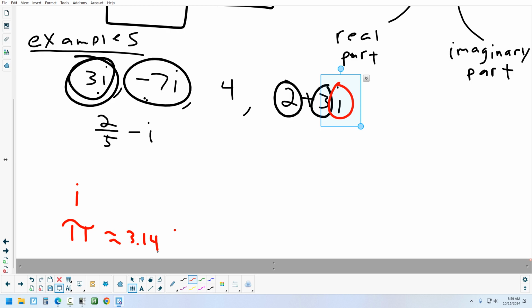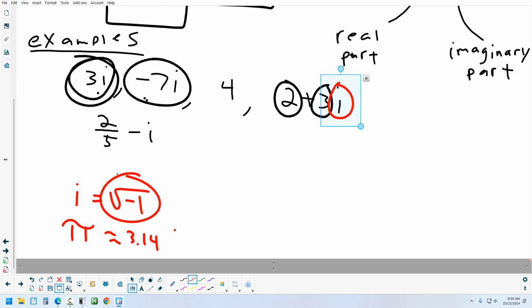Well, it's the same thing with i. In the English alphabet, i is a letter, but in math, that is not a letter. That stands for that number. It's a symbol for the square root of -1, just like pi is a symbol for 3.14. Approximately, yeah.